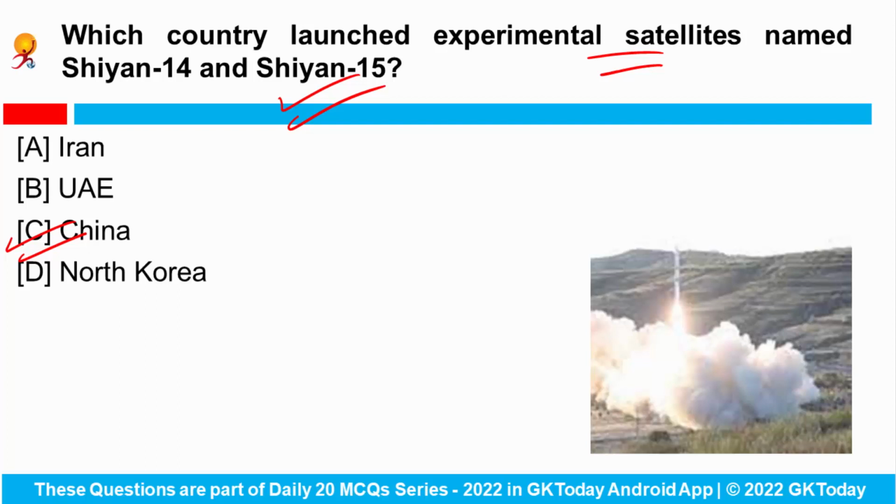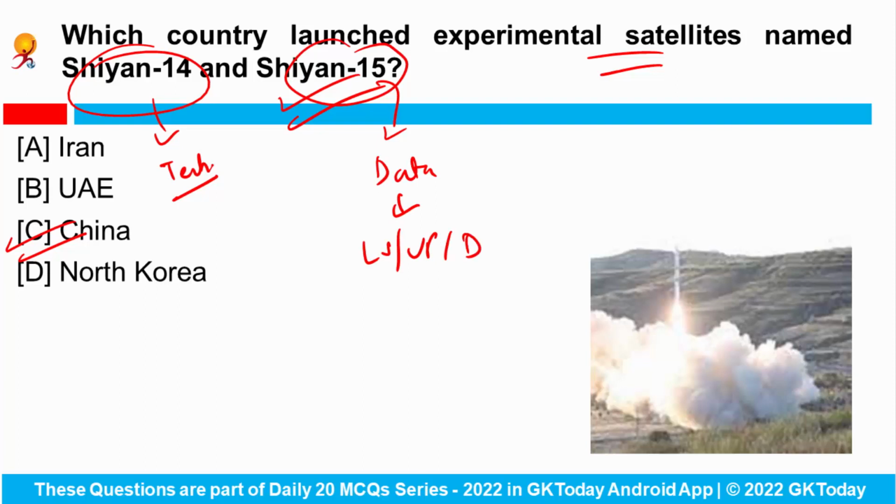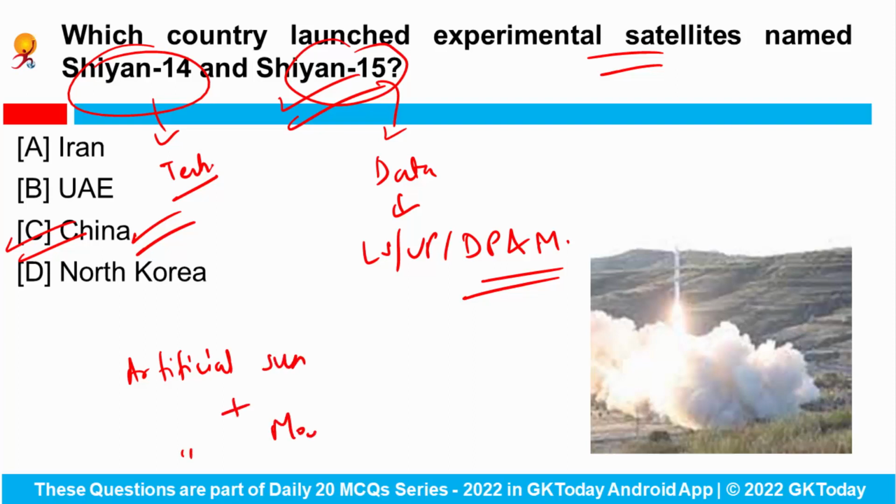Shiyan-14 will be used to conduct scientific experiments and verify new technologies, while Shiyan-15 will provide data in the fields of land survey, urban planning and disaster prevention and mitigation. So these two satellites belong to the country China. You have to tell me artificial sun and artificial moon are related to which particular country.